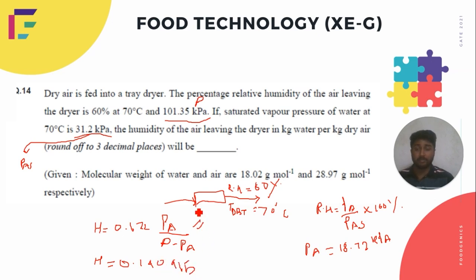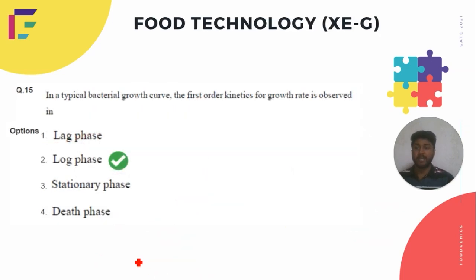Write the complete decimal. So this is our final answer. They have asked to report it up to 3 decimal places, so if we round off, it will be 0.141. So the final answer will be 0.141. So moving to the next question.